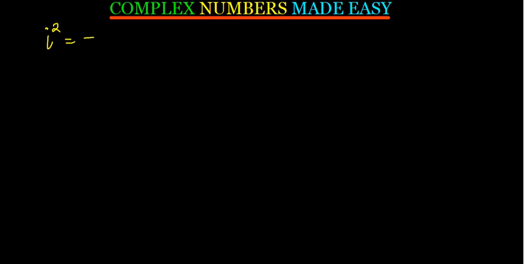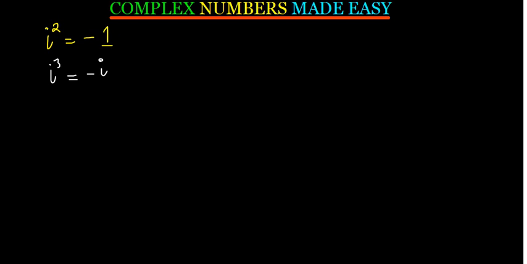It's from here that I want to derive something very, very important. So I want you to pay attention. I'm going to multiply everything by i. So i squared times i, we are going to have i to the power 3. Negative 1 times i, we are going to have negative i.